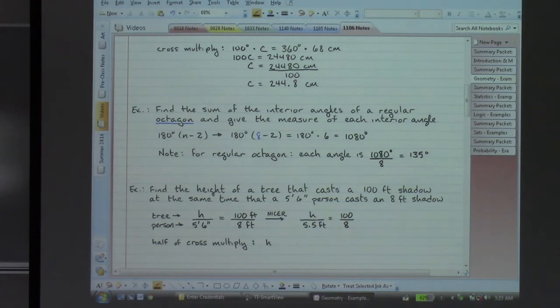If we multiply by the 5.5 feet, then that gives us the h by itself. So 5.5 feet times the 100 over 8 can get us the value that we need for the height of that tree, which as it happens would work out to be 68.75 feet.